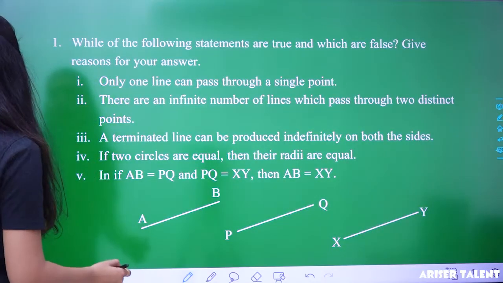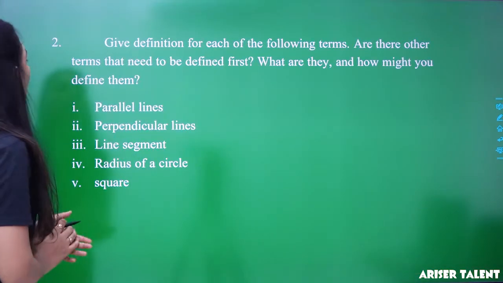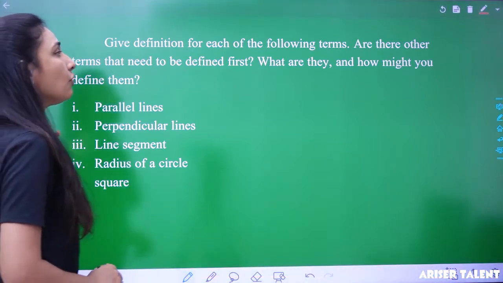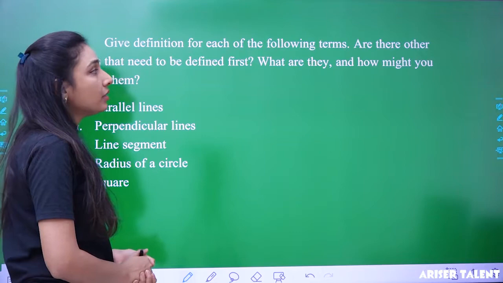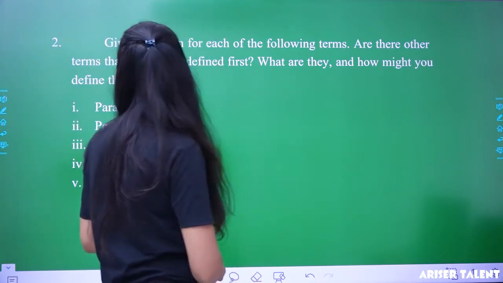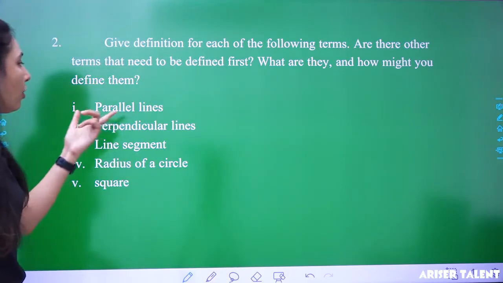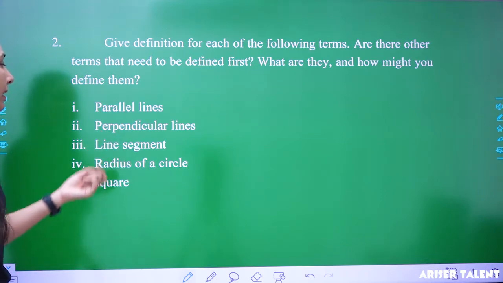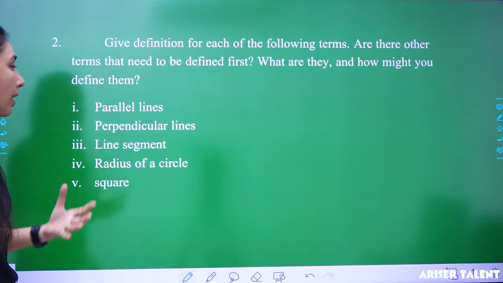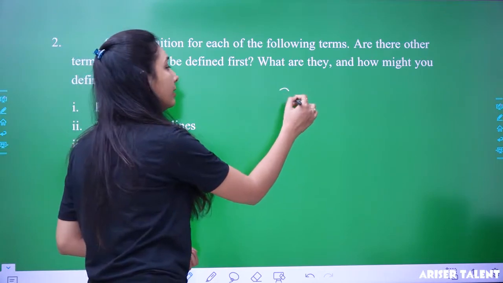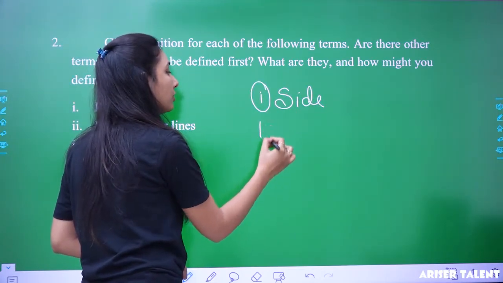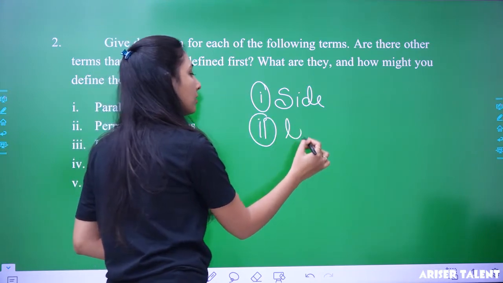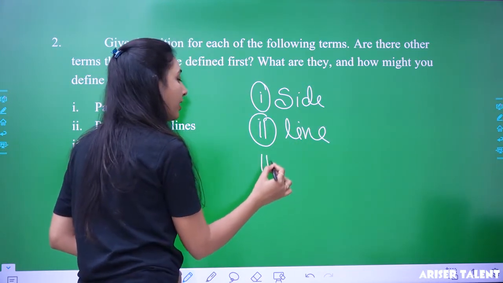So see what the next thing is: give definitions for each of the following terms. Are there other terms that need to be defined first? What are they and how might you define them? When we talk about parallel lines, perpendicular line, line segment, radius of a circle and square, we'll be talking about sides, about line, and about point.